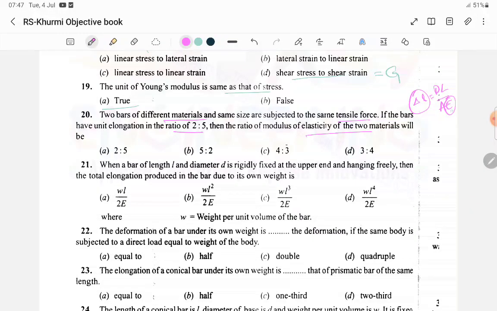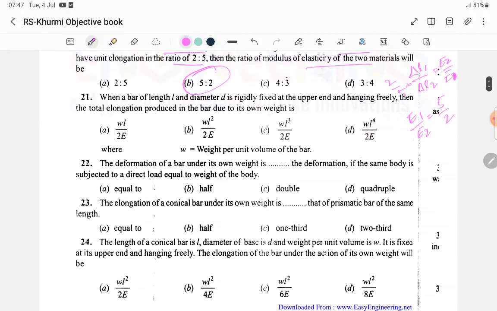The elongation and modulus of elasticity are inversely proportional. So delta L1 by delta L2 is E2 by E1. Here delta L1 by delta L2 is 2 by 5 as given. So E2 by E1 is 2 by 5, so E1 by E2 is the reverse, 5 by 2. So 5 is to 2.